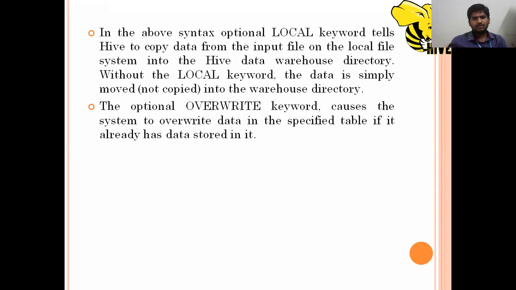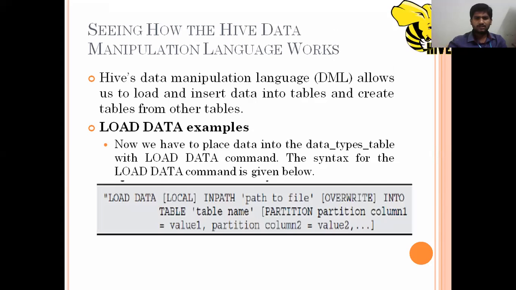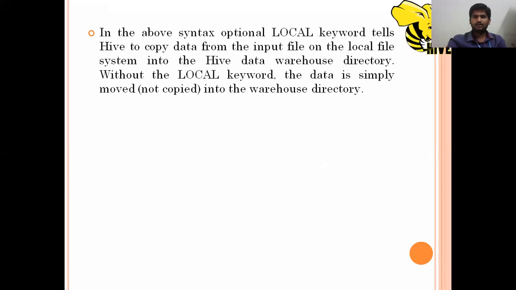The optional OVERWRITE keyword causes the system to overwrite the data in the specified table if data is already stored. So if you do not mention it, the previous data stays. For example, the data underscore types underscore table, which contains 38 lines, with the data types and how to separate the map data and new lines.